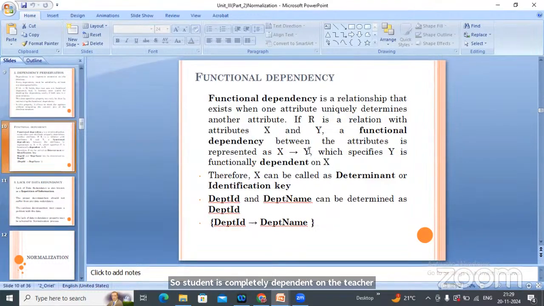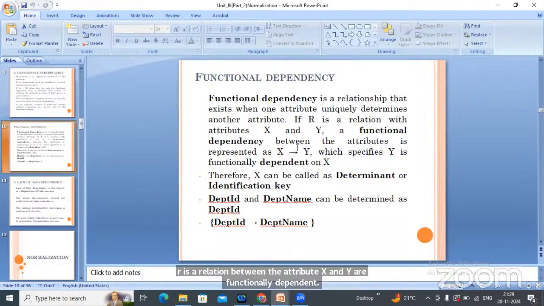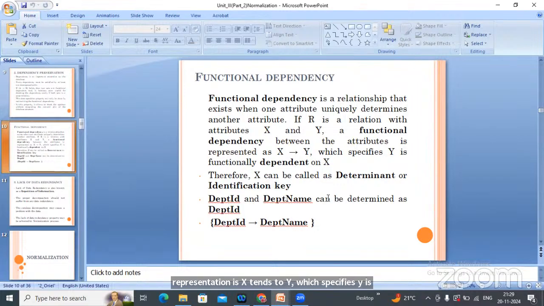If R is a relation and the attributes X and Y are functionally dependent, how is it represented? Representation is X tends to Y, which specifies Y is functionally dependent on X. X is called a determinant or identification key. So department ID determines department name. So this is functional dependency.